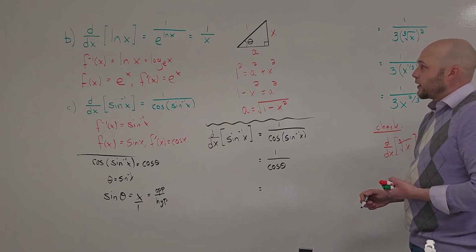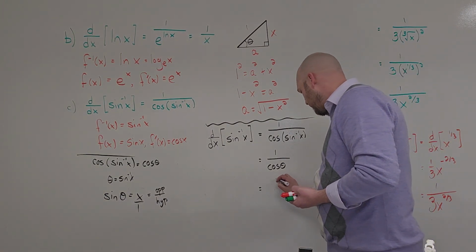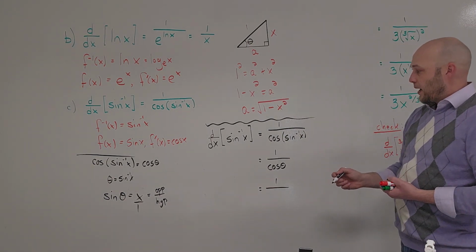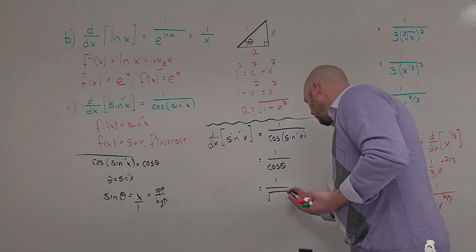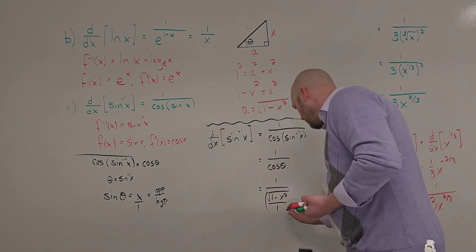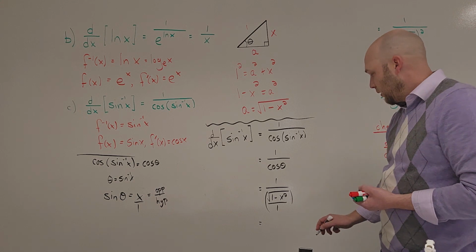And the cosine of theta, well, I have a triangle where I can find cosine of theta. Cosine is the adjacent over the hypotenuse. Therefore, this would give you the square root of 1 minus x squared over 1. And of course, this denominator here we can leave off.